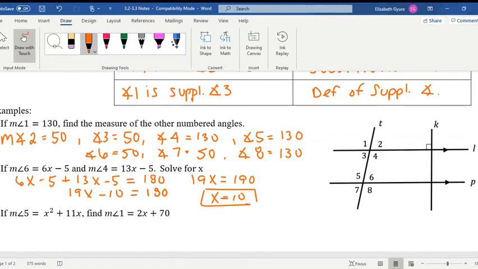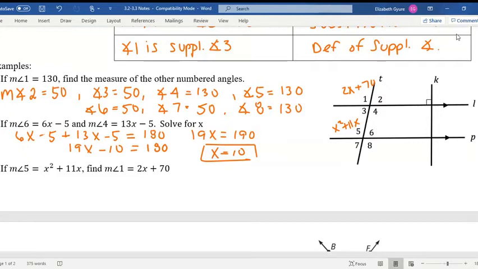Excellent. So for number 3, angle 5 is x squared plus 11x, and angle 1 is 2x plus 70. What angle relationship do these have, and therefore are they congruent or supplementary? What do we think?